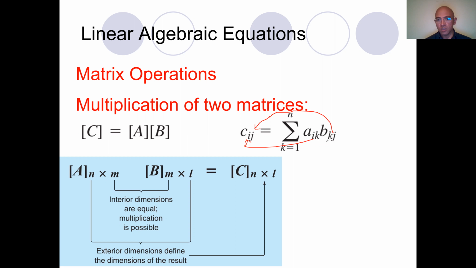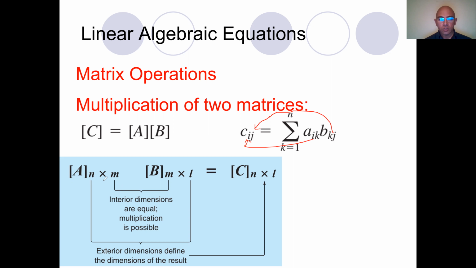So this is how you do it. This basically means that the dimensions of the matrices have to be compatible, which means that the number of elements in a row in the first matrix has to be equal to the number of elements in a column in the second matrix.